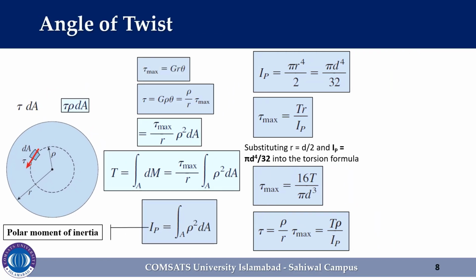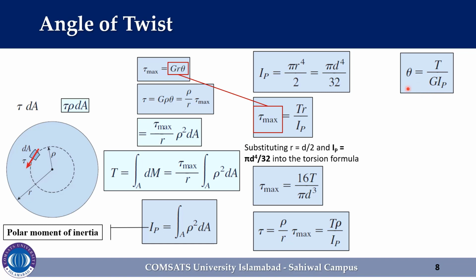Angle of twist. The angle of twist of a bar of linearly elastic material can now be related to the applied torque T. By combining the equation of shear stress at the outer surface of the bar, that was tau max equal to G r theta, with the torsion formula, that is tau max equal to Tr over Ip, we get an equation for the rate of twist theta, that is theta equal to T over G Ip, in which theta has units of radians per unit of length.